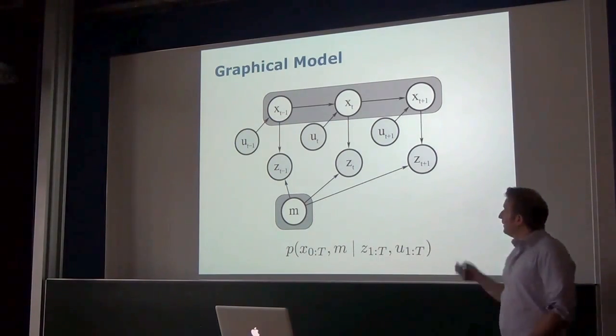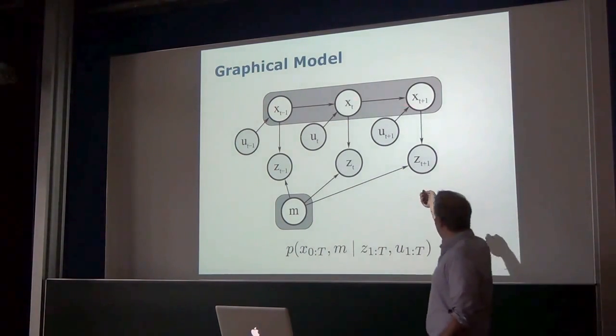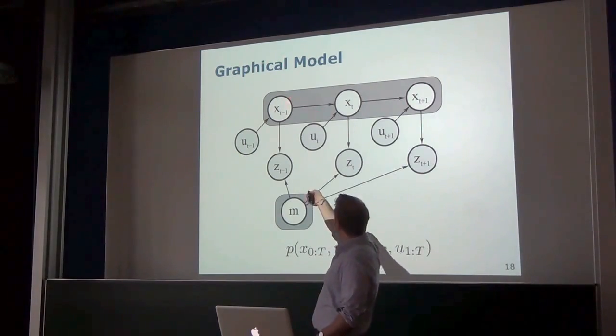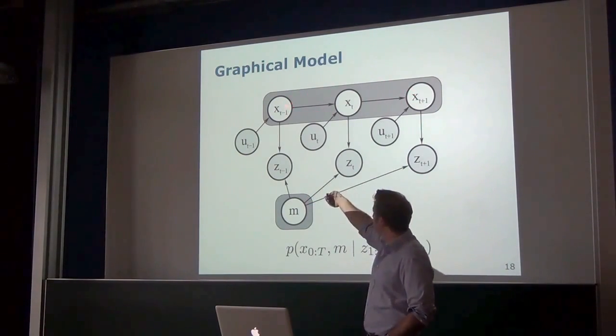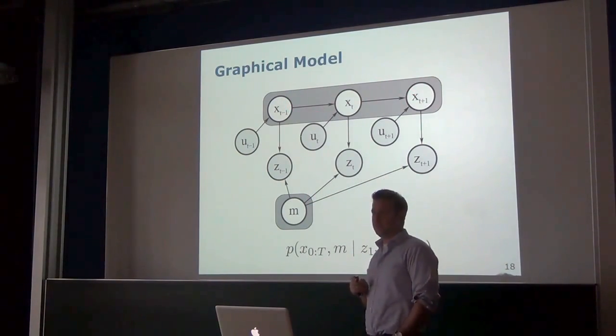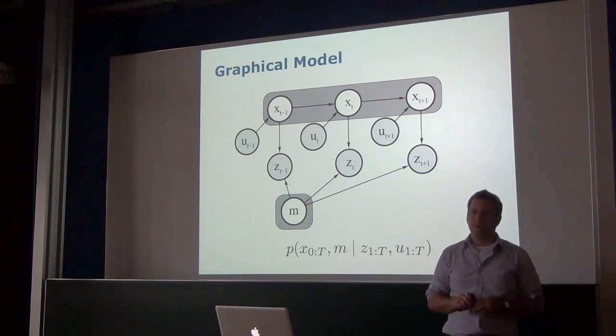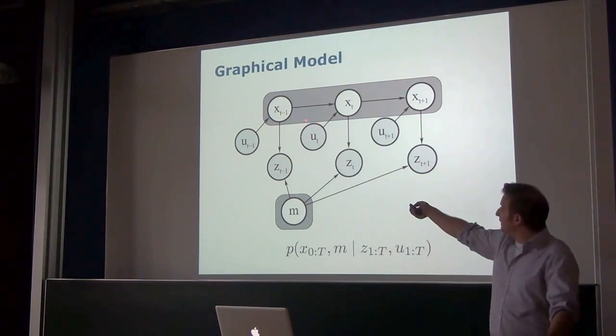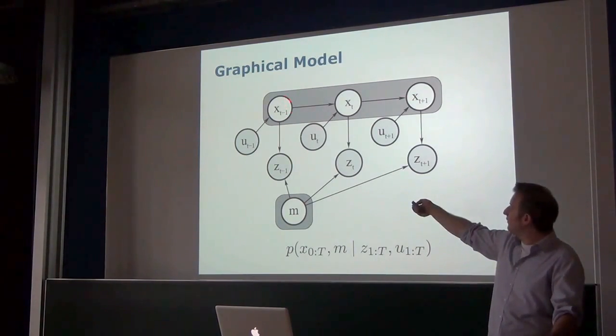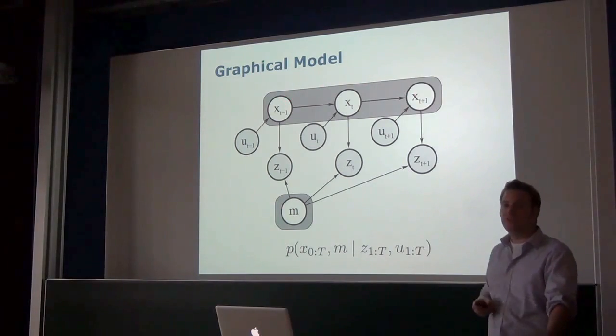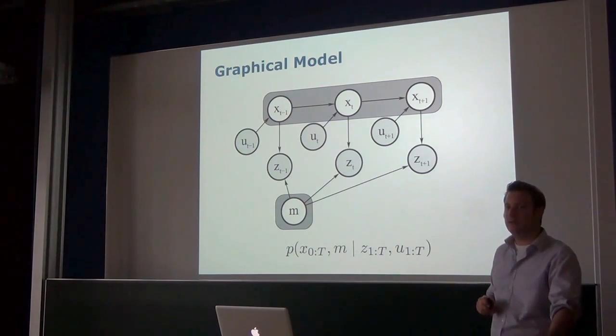What this diagram also shows, for example, is that there's no connection between x_{t-1} and x_{t+1}. What does that mean? There's no arrow going from x_{t-1} to x_{t+1}.